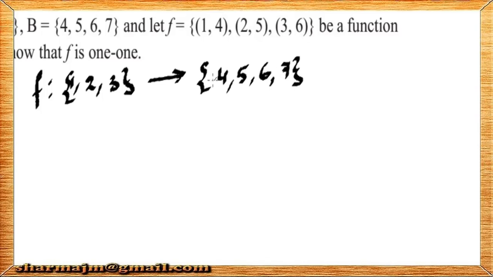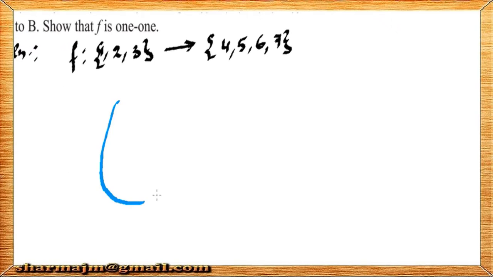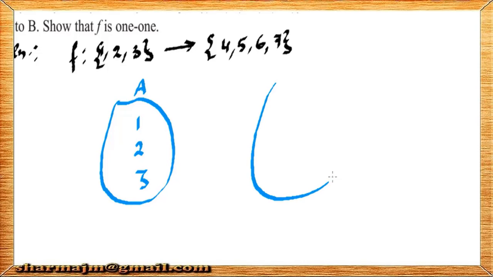Okay, and this function is defined as this. So we apply this definition. Let us make some diagram. It is set A containing element 1, 2, 3 and here we have a set B.